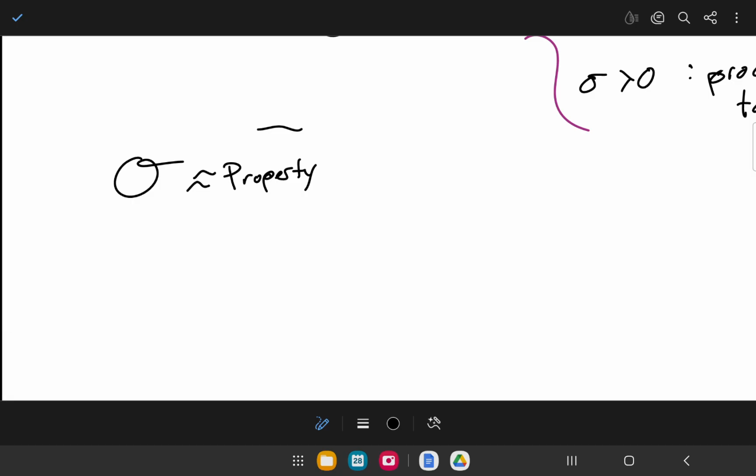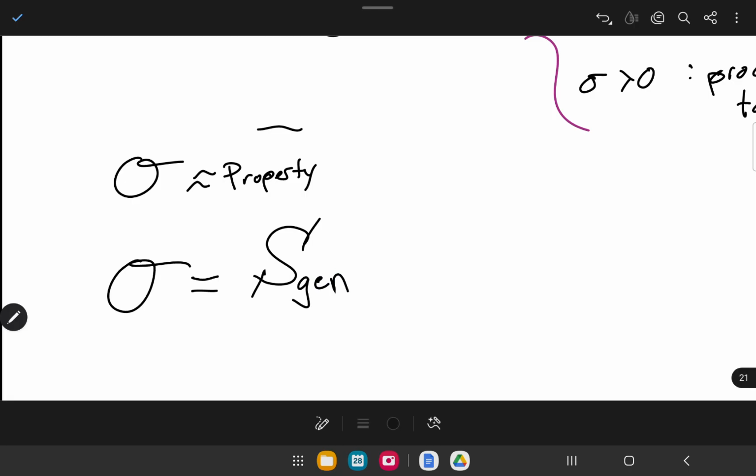Right now it's that ratio, but in all future problems, we're going to say that sigma is equal to entropy generated in a cycle. So whenever we're moving around through our Carnot cycle, we can look at the entropy generated across the cycle.